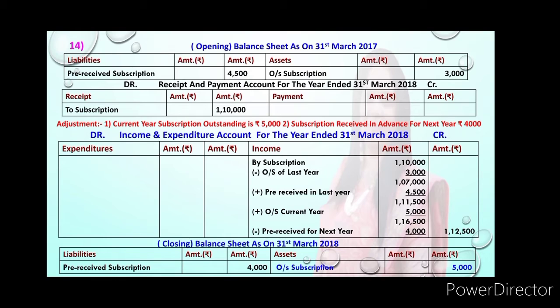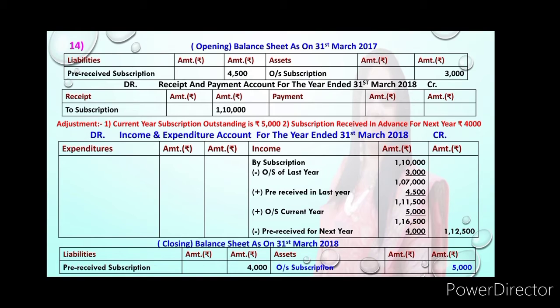After recording this amount, we have to consider first the opening balance sheet amount of liability and asset side related to the subscription. So let's take first asset side. Here asset side it is recorded in opening balance sheet outstanding subscription 3,000.